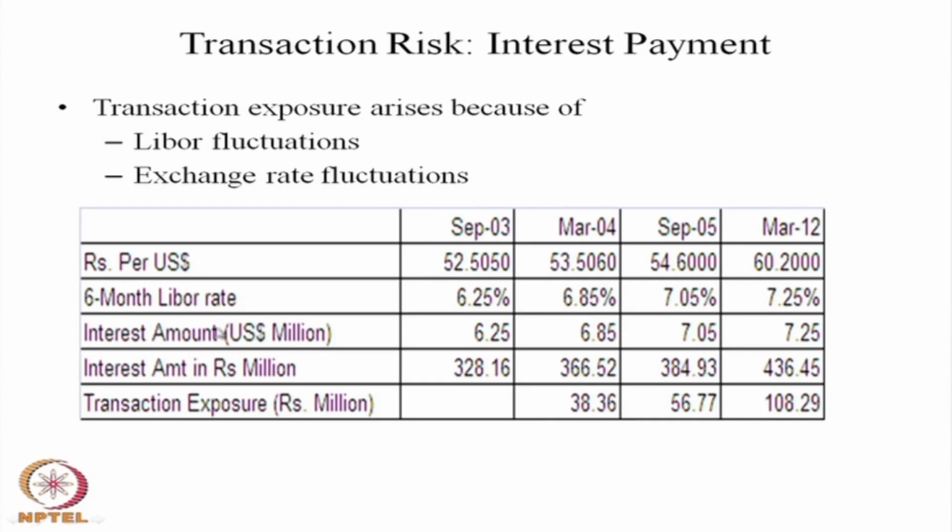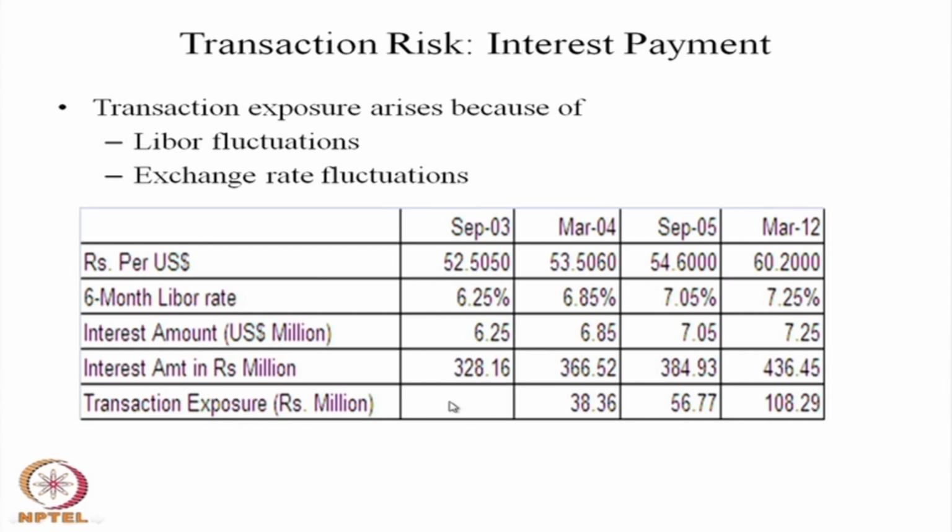The interest amount is 6.25 millions of US dollar, and in millions of rupee, 52.5050 into 6.25, it will be 328.16 millions of rupee.